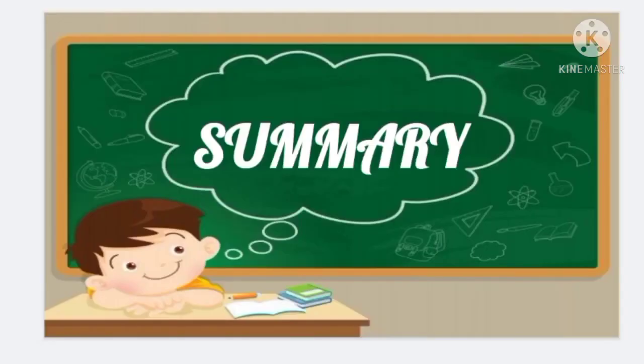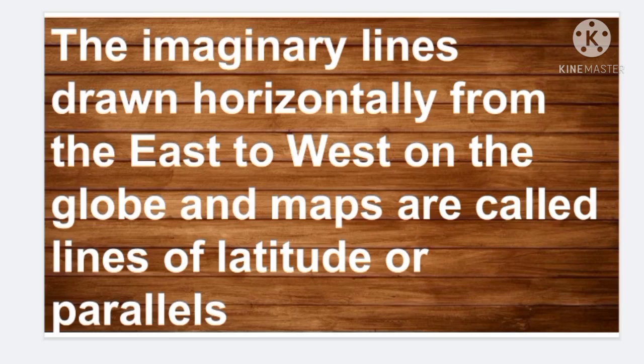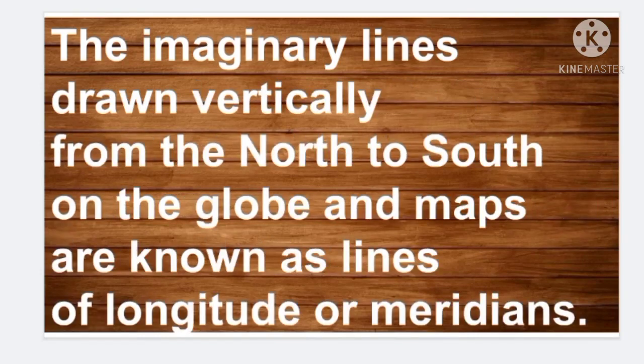Now let's recap what are all the topics we have discussed in this session. The imaginary lines drawn horizontally from the east to west on the globe and maps are called lines of latitude or parallels. The imaginary lines drawn vertically from north to south on the globe and maps are known as lines of longitude or meridians.